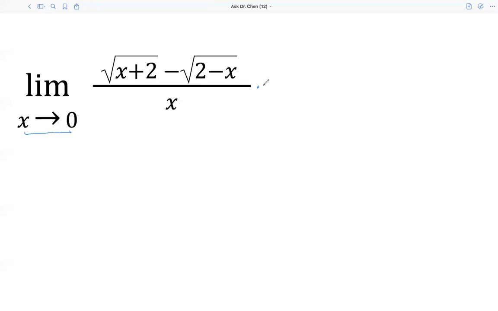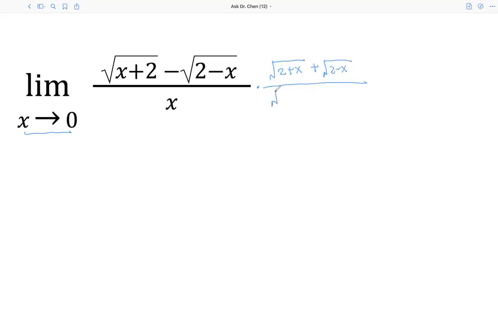And remember in algebra class, sometimes we rationalize the numerator. Right? It's exactly for this kind of purpose. So we multiply by the conjugate of these two, which means we want to multiply by x plus 2, we can write it as 2 plus x, square root of 2 plus x plus square root of 2 minus x.